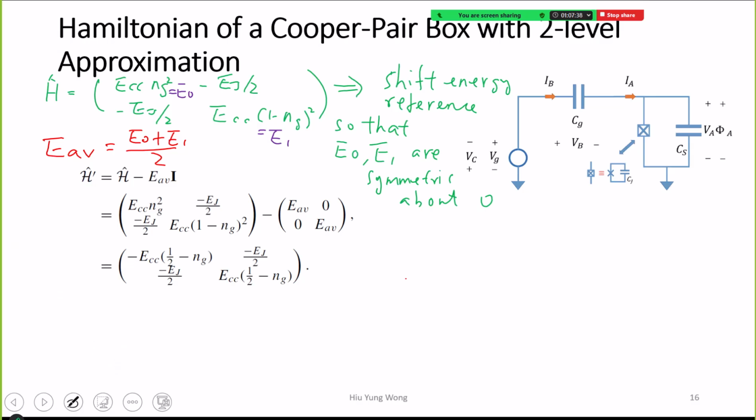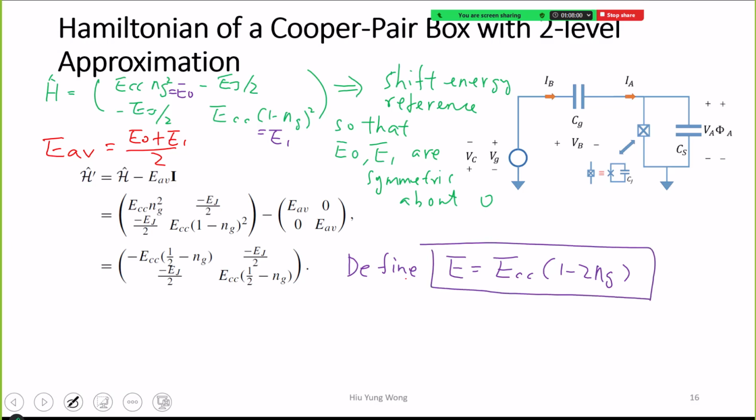Now I'm going to do one more step. I'm going to define E equal to ECC times 1 minus 2ng. This equation, we need to keep referring to it later. After we have done this, maybe you can tell me, right?